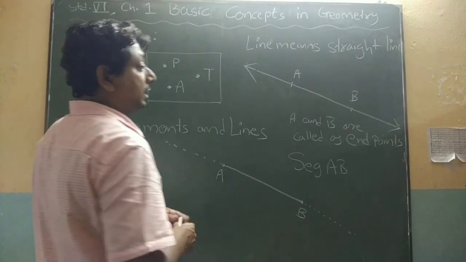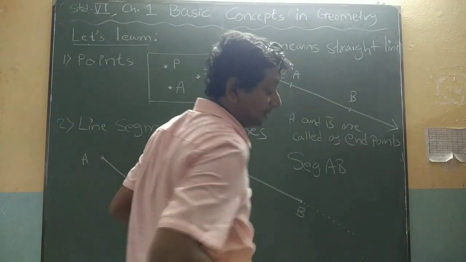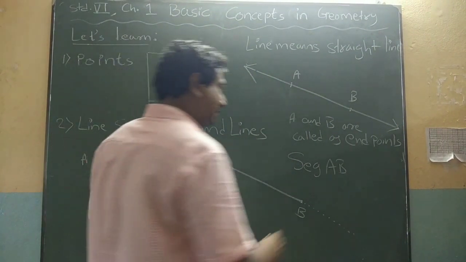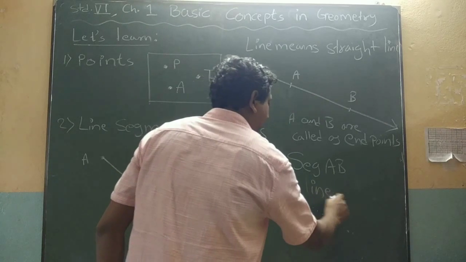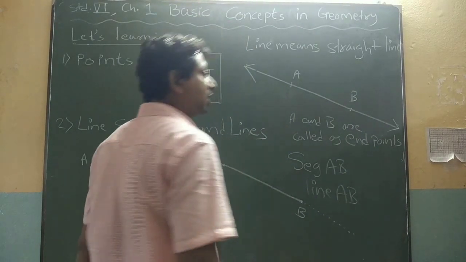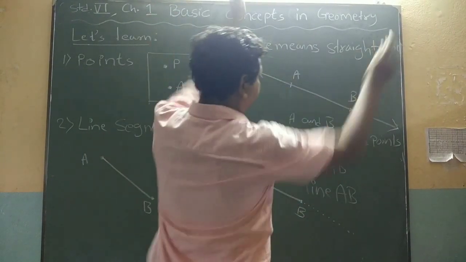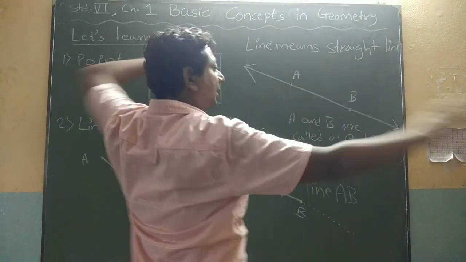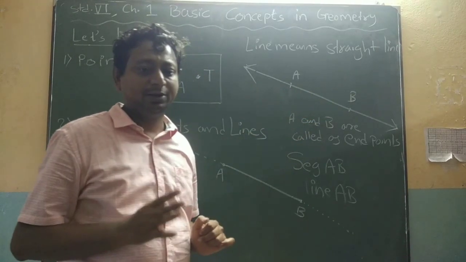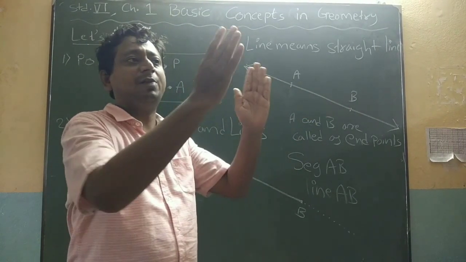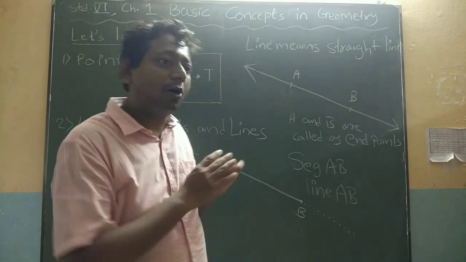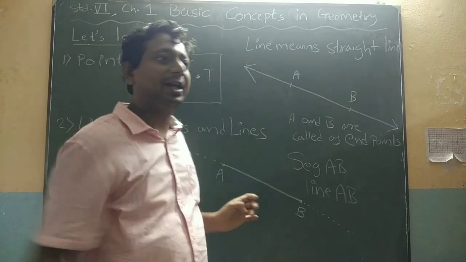If we are talking only about this line segment, then if you are talking about this entire line, the line also can be named as line AB. When we are talking about line AB, we are not only looking at this part, we are considering the entire line and not only this part, remember. So segment means we are talking about only the small part of it, and line means we are not talking about a part but the entire line.